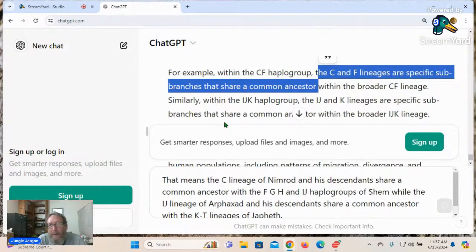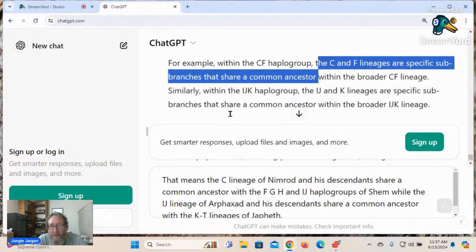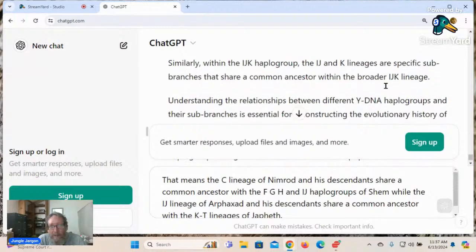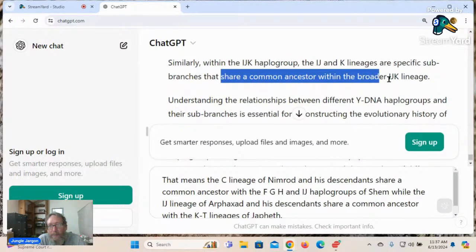So Nimrod and the descendants of Shem share a common ancestor, which of course is Noah. Similarly, with the IJK haplogroups, the I, J, and K lineages are specific subbranches that share a common ancestor within the broader IJK lineage.